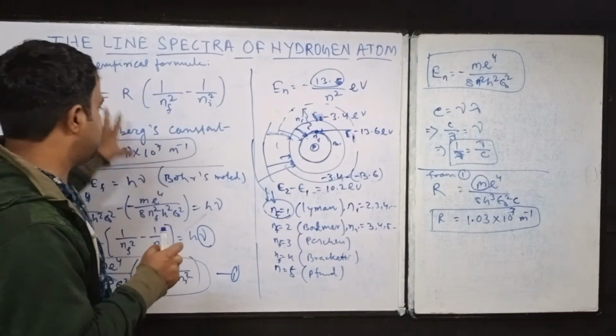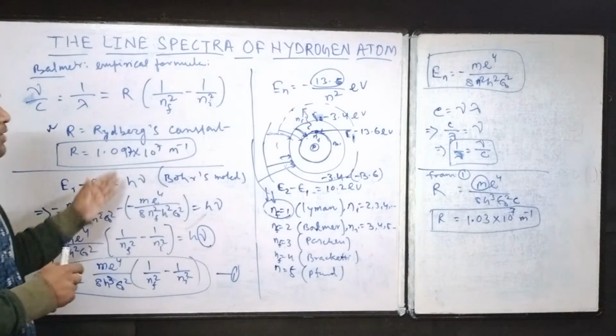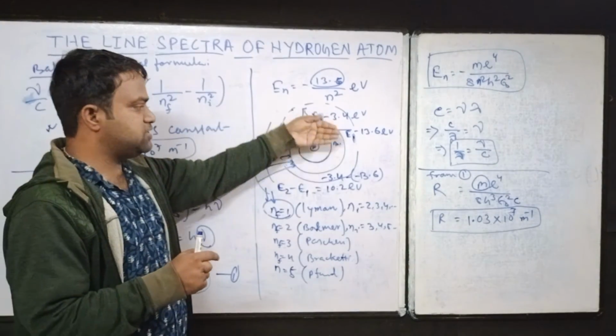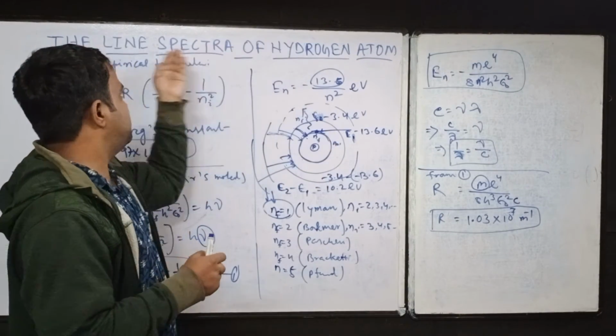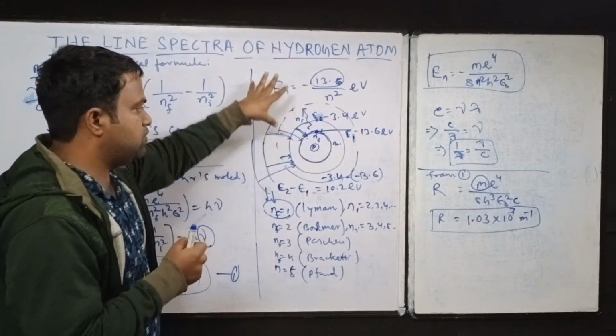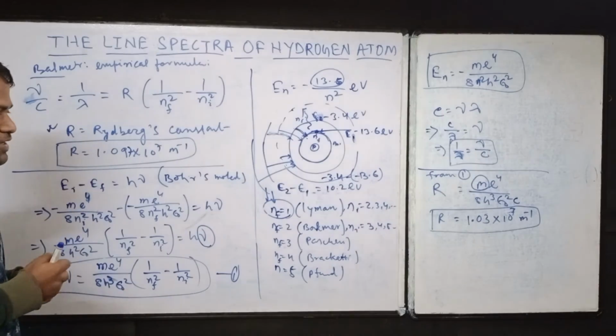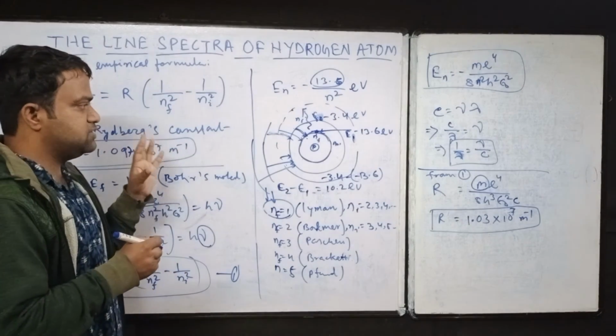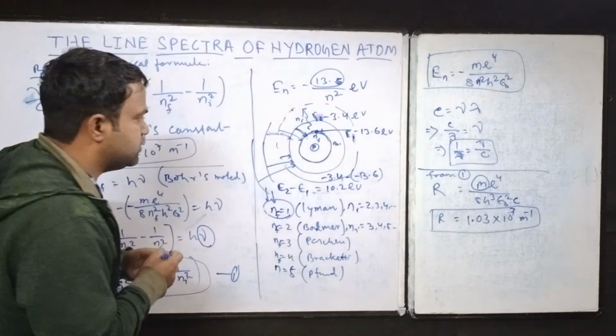So this is what it is all about, your hydrogen spectral line of spectra of the hydrogen atom. Now you can calculate, suppose for example, let us calculate one case. I'll not calculate in detail, you can do that.